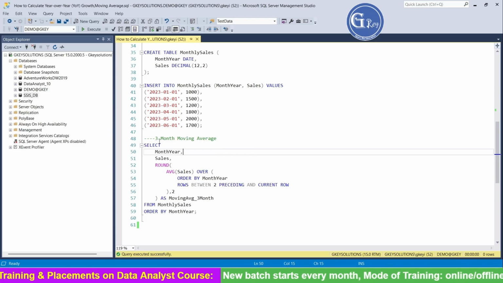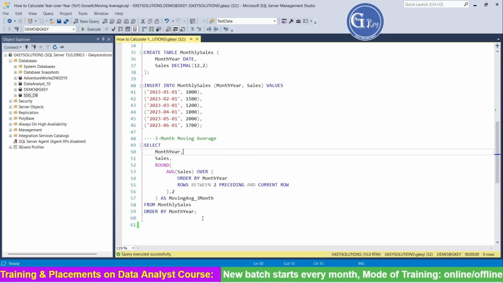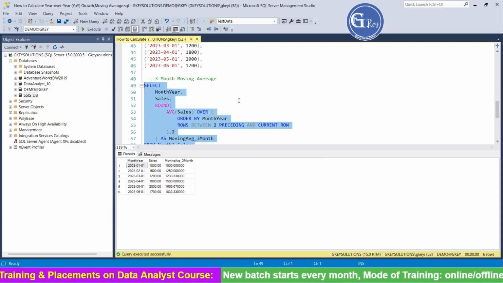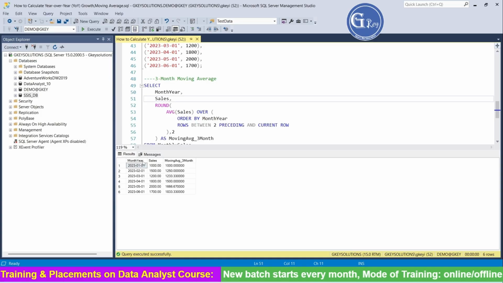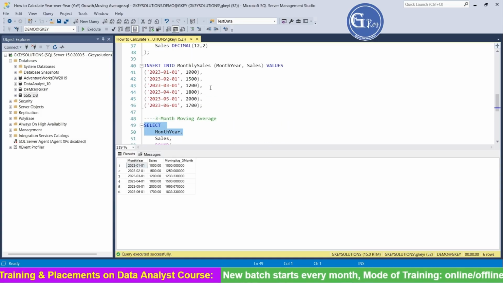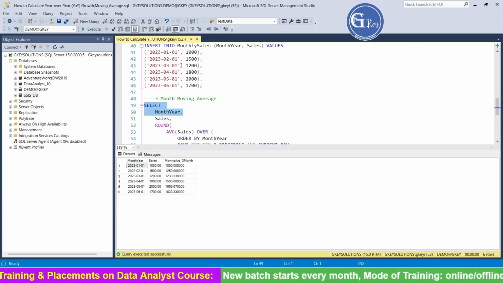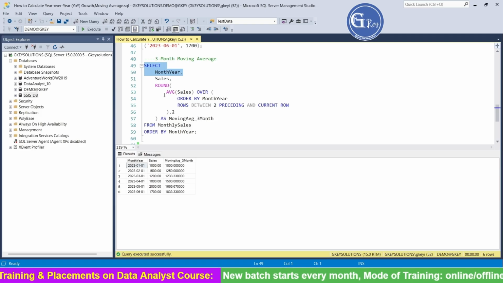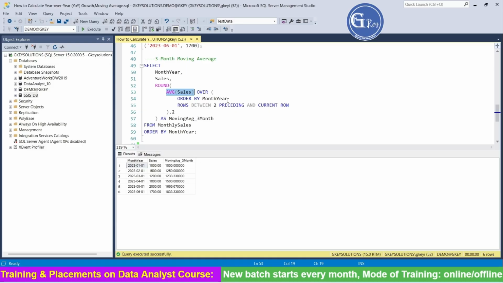Here we are going to calculate the 3-month moving average. Let's execute and see the output. We are selecting month year as the first column, and the second one is the sales, and third is the rounded average of sales ordered by month year.